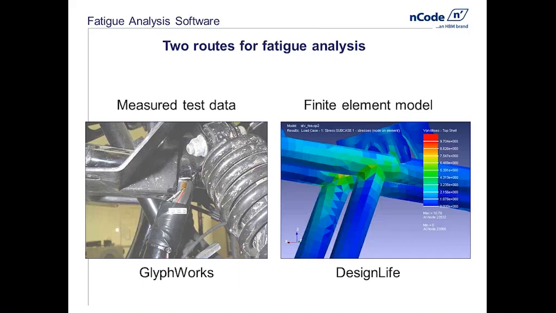And again, they both have benefits and detractors. Typically you'll find that a combination will be used in most design environments. Most likely DesignLife upfront for initial design, but eventually at the validation stage, most likely there'll be some test data taken.